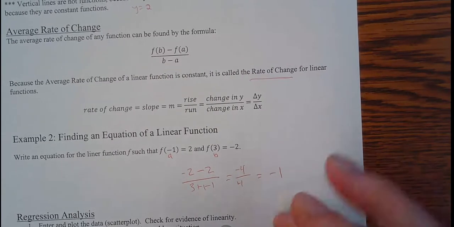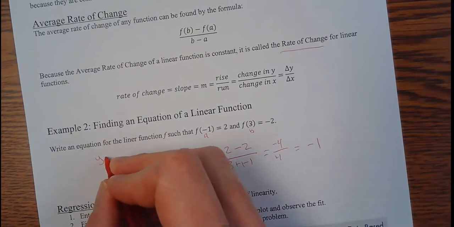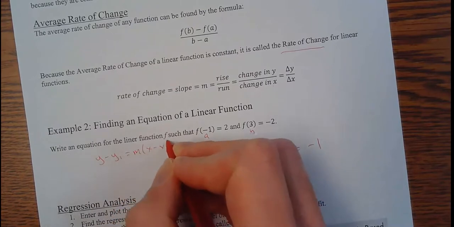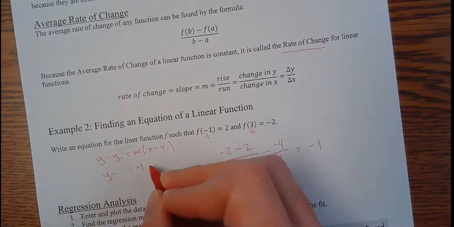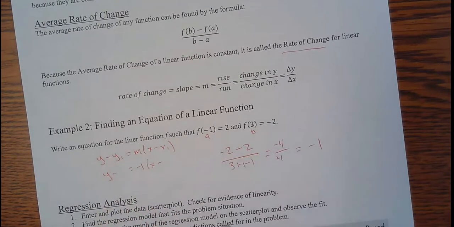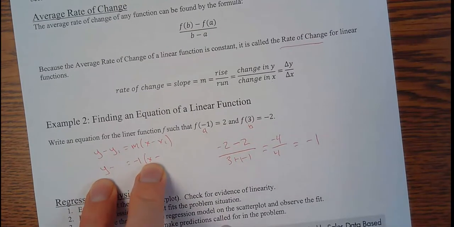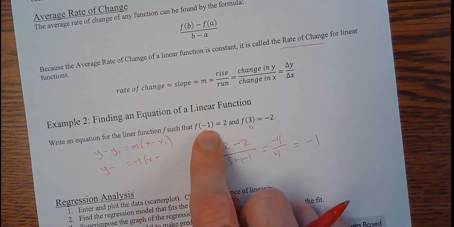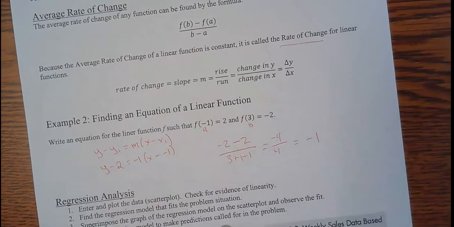So if the slope is -1, again using point slope, so y minus y1 equals m times x minus x1. The slope is -1. Okay, this is my x and y. That's going to be in the final answer, so I'm just going to put those in right now. Now pick an x and a y that go together. So it's totally up to you which one you pick. We'll just go to the first one. So this would be a -1, and that would yield a 2.